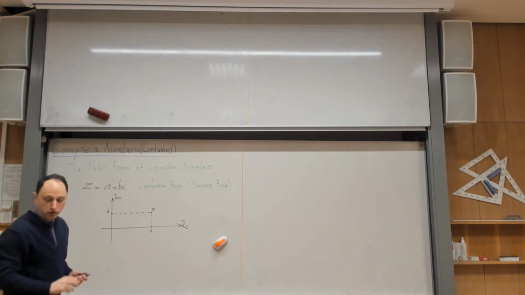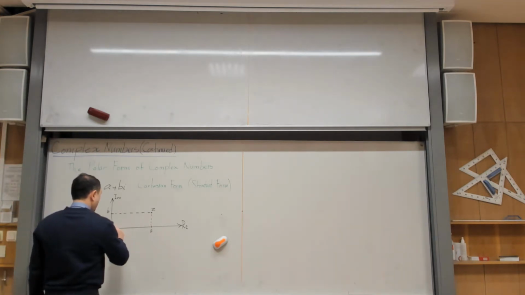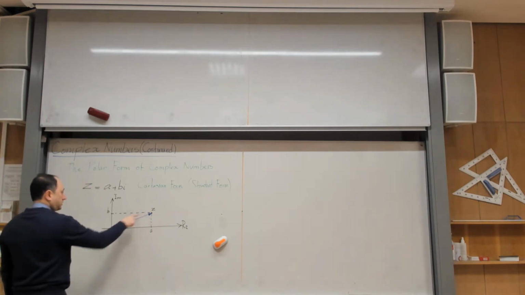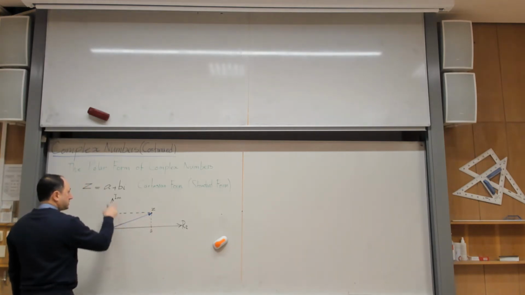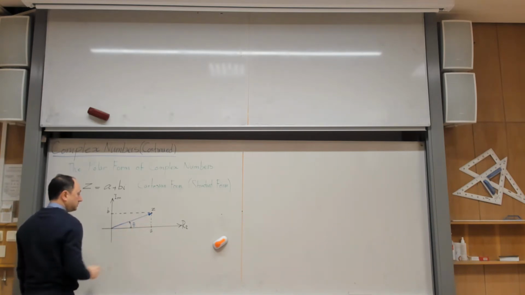I can also represent it by a vector, which goes from the origin to that point. And this vector makes an angle with the positive part of the real axis. Let me call this angle theta.